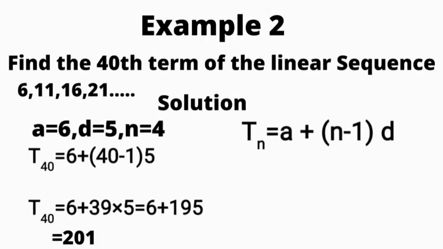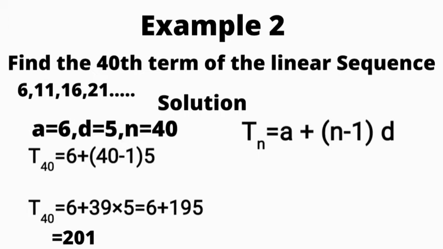Example 2. Find the 40th term of the linear sequence 6, 11, 16, and 21. Solution. The first term A is equal to 6, common difference D is equal to 5, and n is equal to 40.